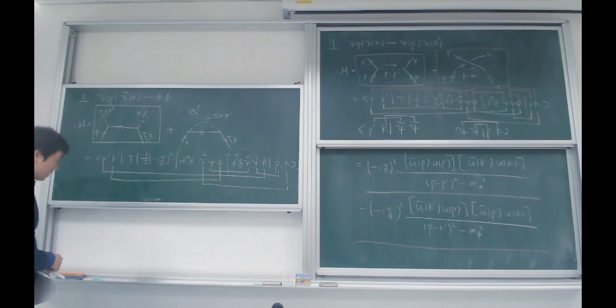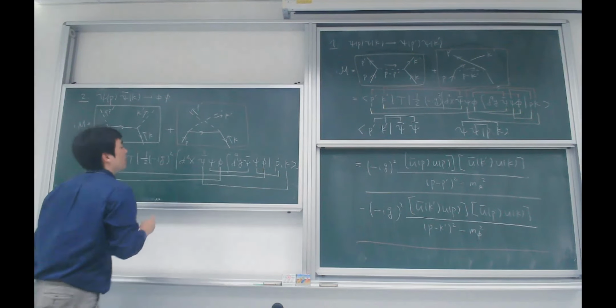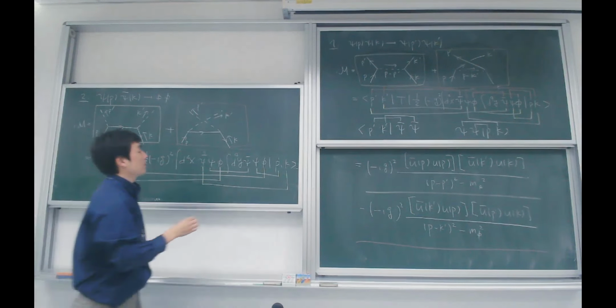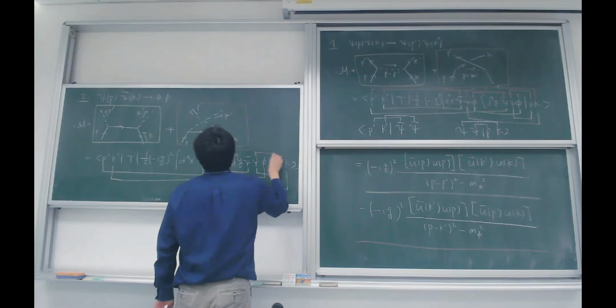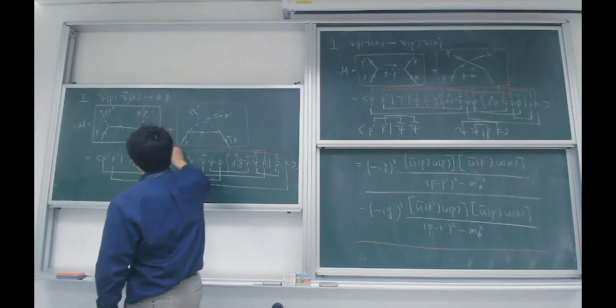Okay, and then the second diagram. We do the same thing: we have psi and p, and now k prime, which means that phi should be contracted by k prime.